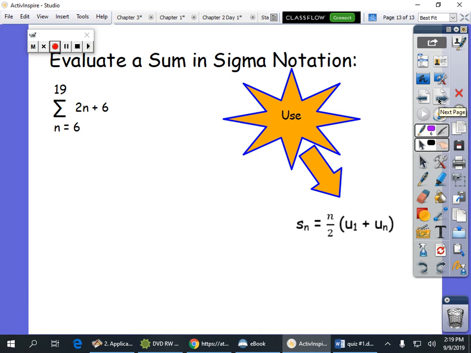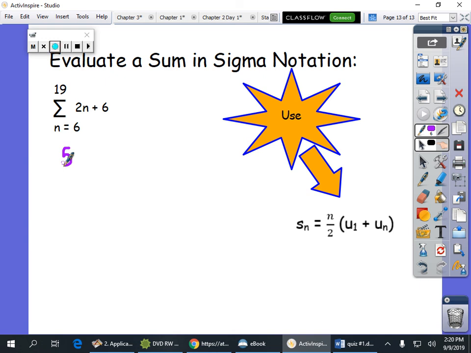Now, this is a little tricky. How many terms are from 6 to 19? It is 13 terms, yes. This always works: decrease the bottom number by 1, and 19 minus 5 is 14.